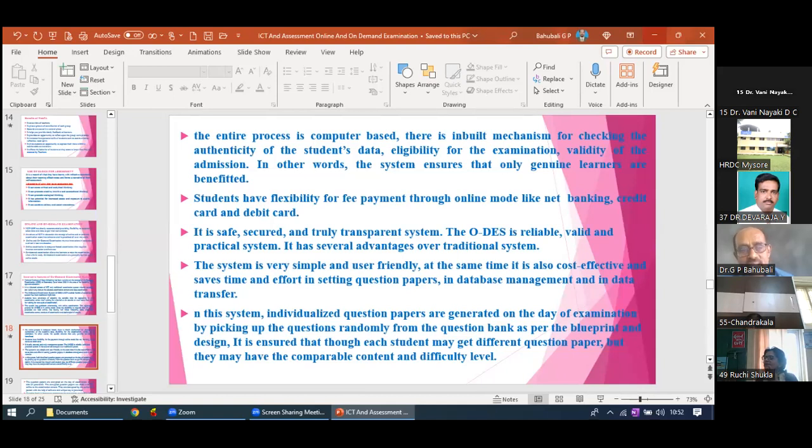That means if 10 students are taking the examination, they get 10 different question papers on the same content in different ways, but the difficulty level of those question papers will be the same. Also because of that, the negative things which we generally see in the system of examination can be reduced to a larger extent.